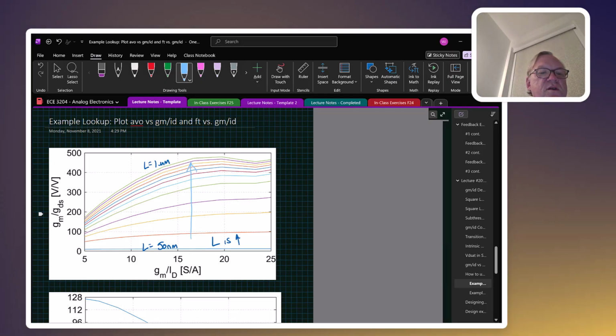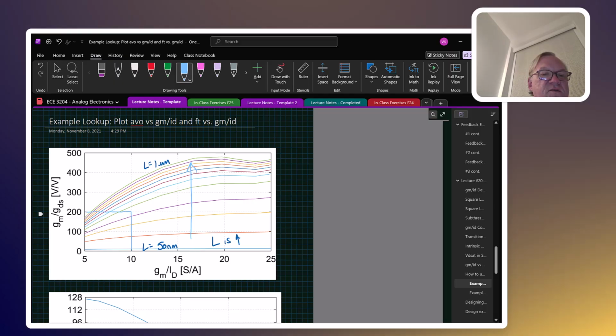So we know that we are going to need to pick a gm/gds that's bigger than 100 if we need to achieve a gain of 100 finally when the circuit design is done. So we could arbitrarily say that we want to operate at a gm/ID of 10, which would put it in the moderate inversion ballpark.